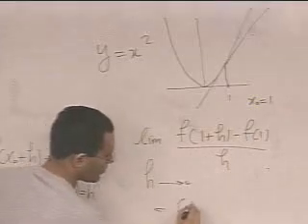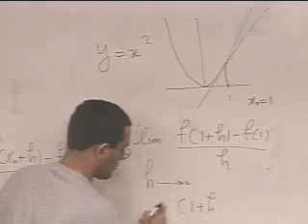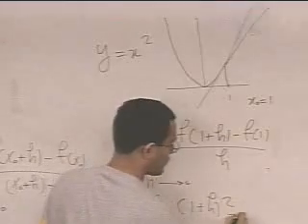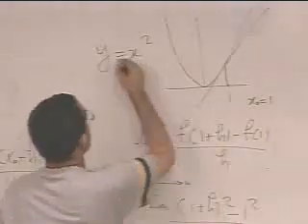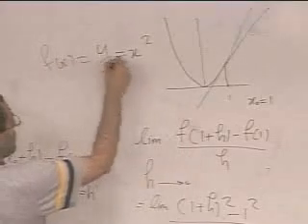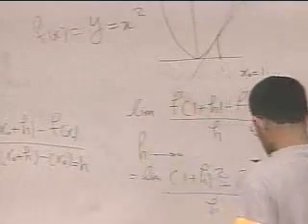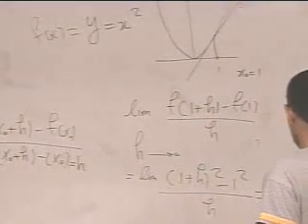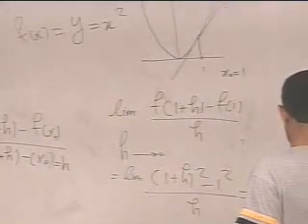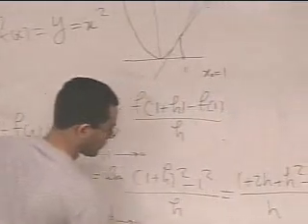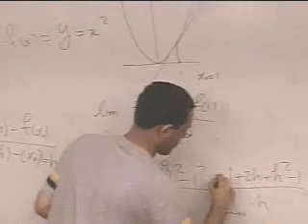So this will turn out to be (1 plus h) to the power of 2 minus 1 to the power of 2, because f of x equals x squared, divided by h, which equals (1 plus h minus 1)(1 plus h plus 1) divided by h, as h goes to 0.